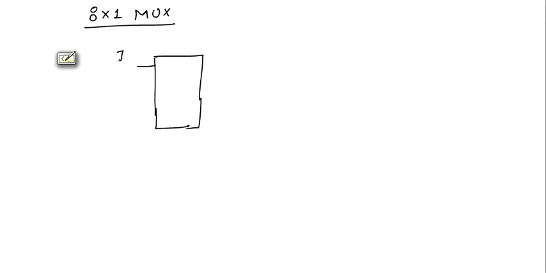Now I'll say 8:1 multiplexer. An 8:1 multiplexer will have a total of 8 inputs, I0 to I7, while there will be 3 select lines S2, S1, S0 and 1 output Y. This is the 8:1 multiplexer.